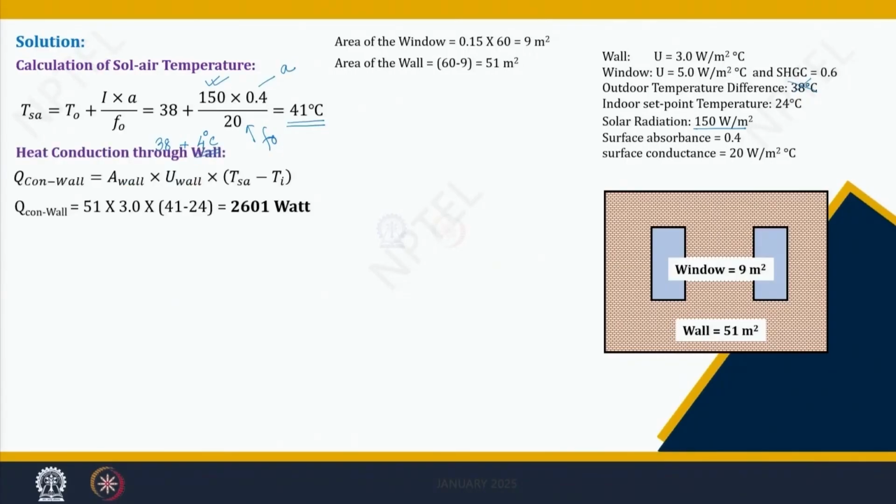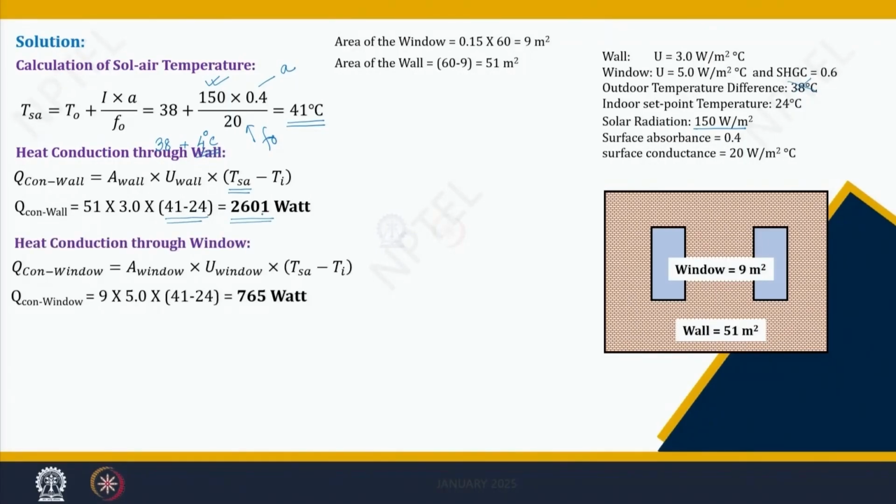Based on this, again I am calculating the heat gain through the wall, where I have taken the solar air temperature, not outdoor. So, now it is not 38 minus 28, it will now be 41 minus 24. This is the value for the conduction of the wall. Conduction of the window, again this is 41 minus 24, that is 18 degrees or so, and your other values remain the same.